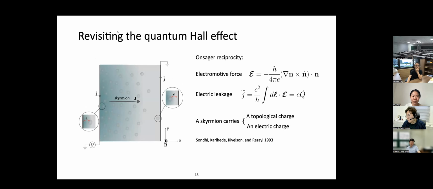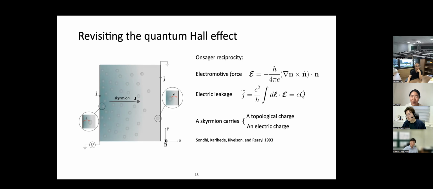And now on the other end, on the other boundary of the system, the injected skyrmions will hit this boundary, and they're free to escape the system. And we have the Onsager reciprocity, which states that if you have an electric current at one boundary that can generate a voltage for the skyrmions, reciprocally, when you have a current of skyrmions, you can generate a voltage for electric charges.